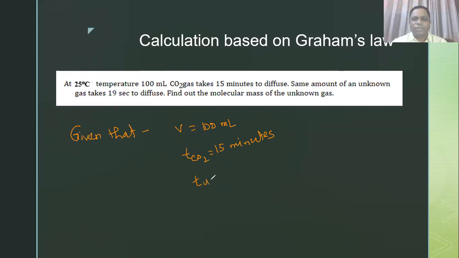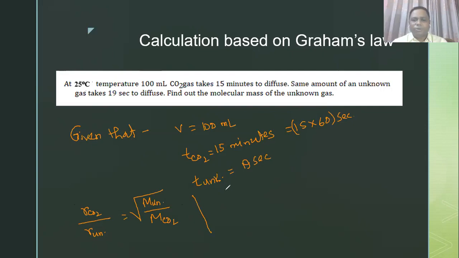So the 15 minutes should be converted into seconds, because the other time was in seconds. Now we can apply the concept: rate of diffusion of carbon dioxide divided by rate of diffusion of unknown gas equals root over M unknown divided by M carbon dioxide.